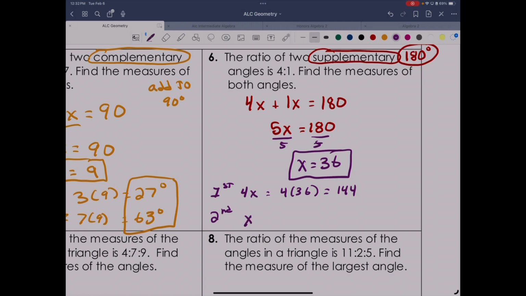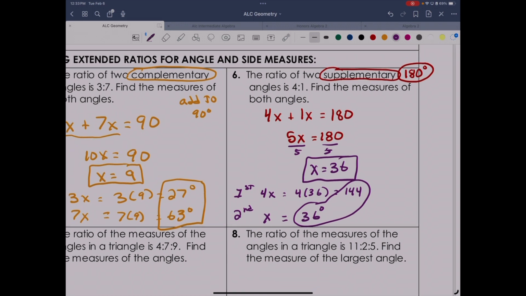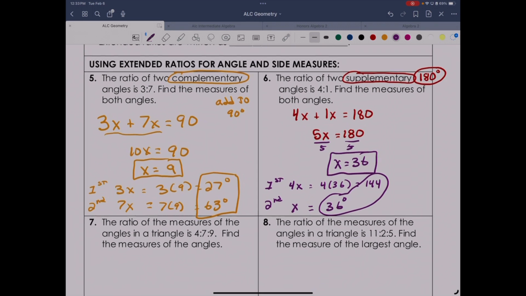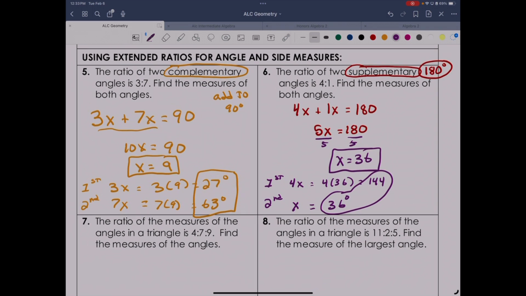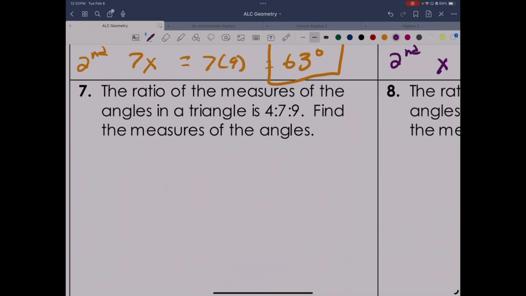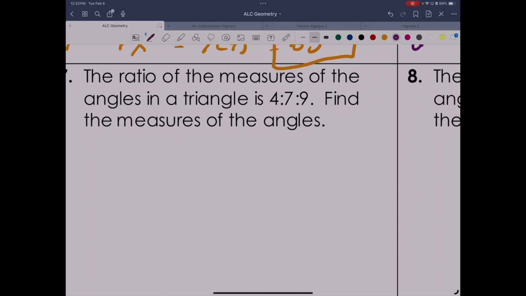Our second angle was just x, so that's 36. So there's the measure of your two angles. So complementary means 90, supplementary means 180. So in those we had two ratios. Now we're going to extend it to 3 ratios with number 7.